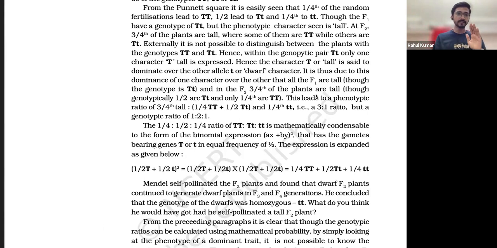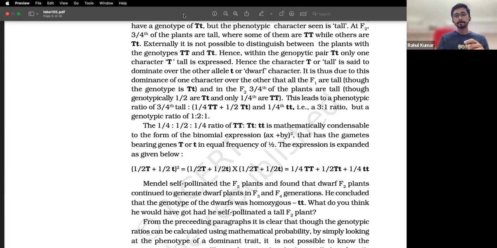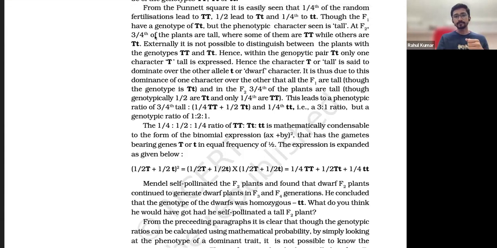In any parent, if there is a heterozygous condition, that is capital T and small t, what is the probability of a gamete getting a capital T? If you have two sides of a coin, you flip the coin, what is the probability of heads coming? 50%, right?